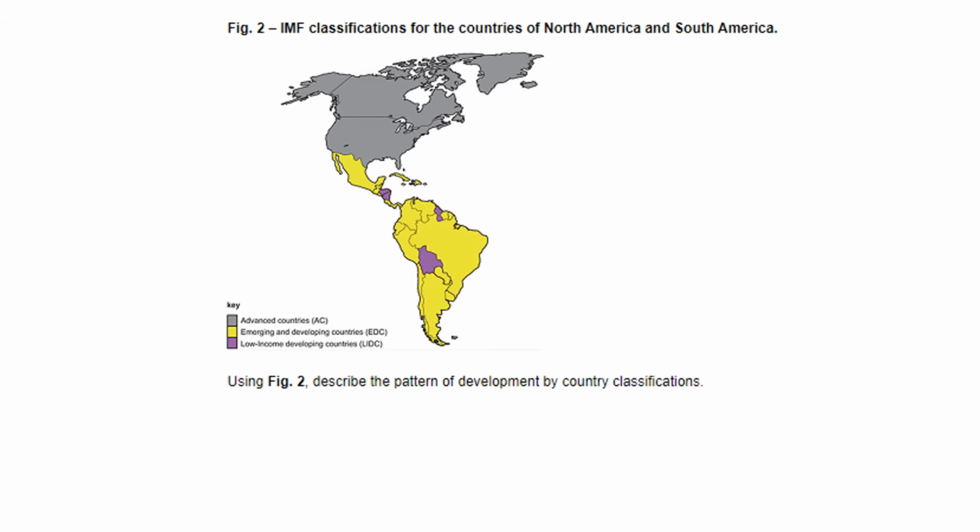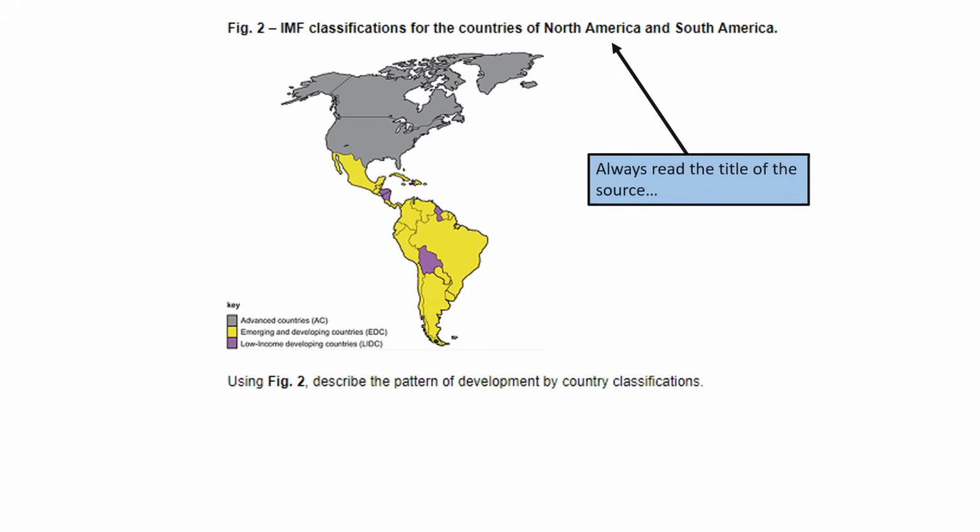Here's a question where we've got a map and we're being asked to describe the pattern of development by country classifications. So first thing that we need to do is read the title. So IMF classifications for countries of North America and South America. So even if you don't know your continents, it's told you which 2 continents these are, and you can use that in your answer. Then it says always read the key.